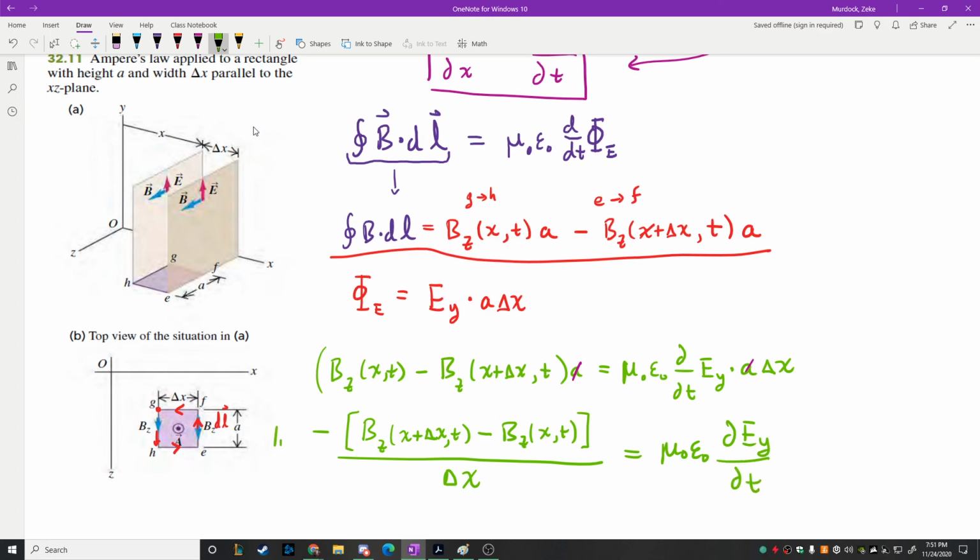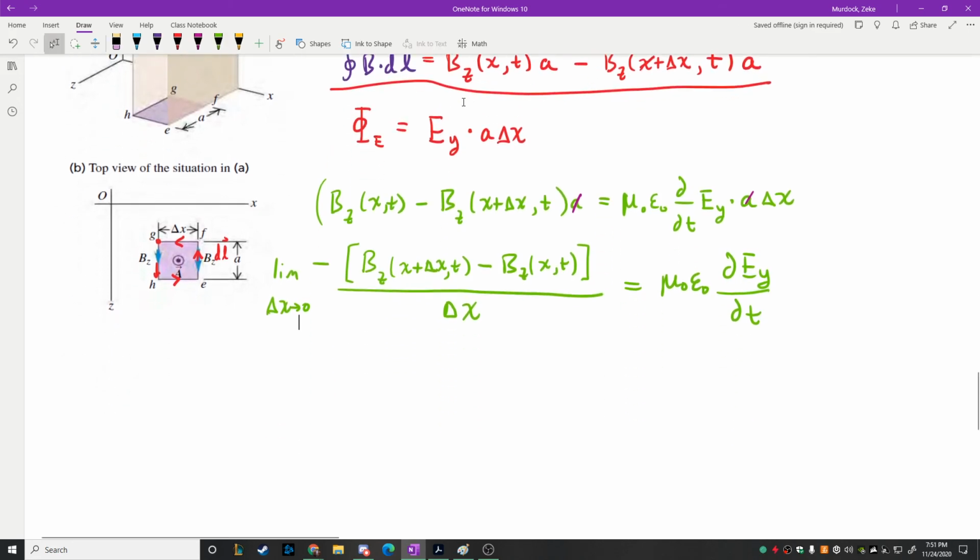And then we take the limit as delta x goes to 0. The left-hand side now becomes the partial derivative of BZ. So we have negative del BZ, del x, on the left-hand side, and it's equal to mu naught epsilon naught del EY, del t.